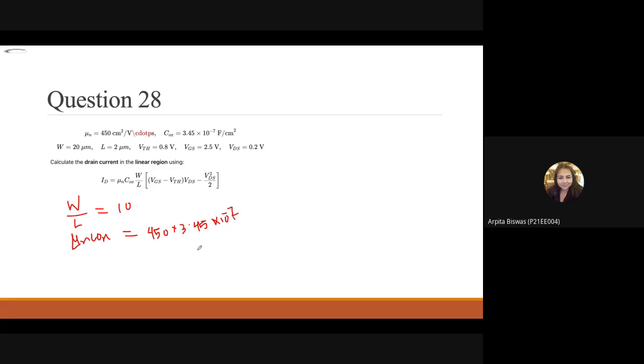Tell me what is the final value? 1.55 into 10 to the power minus 4 ampere per volt square.